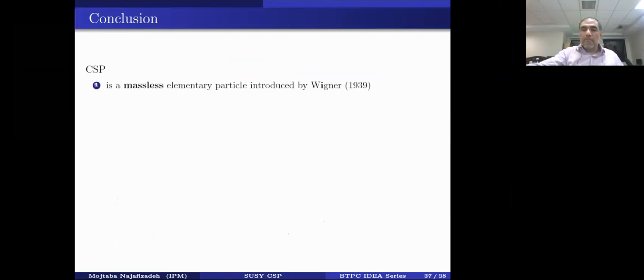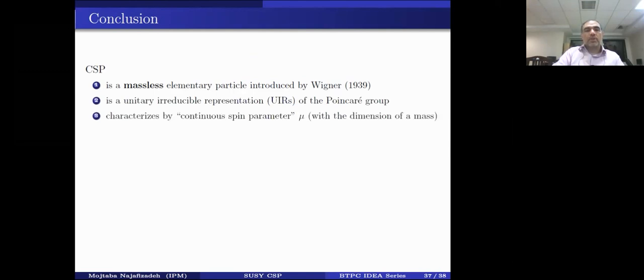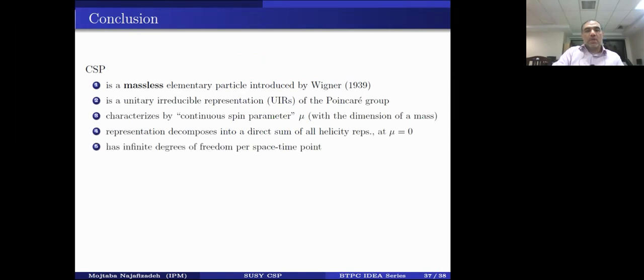Okay, in conclusion, CSP is a massless elementary particle introduced by Wigner. It's a unitary irreducible representation of the Poincaré group. It is characterized by a continuous spin parameter called mu. The representation decomposes into a direct sum of all helicity representations at mu equals 0.